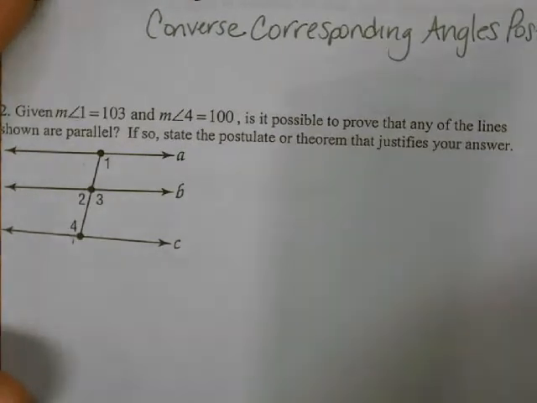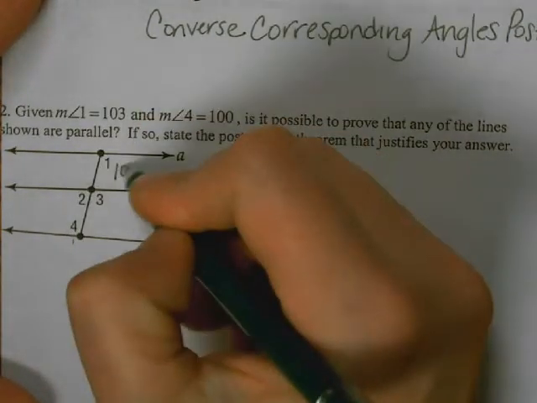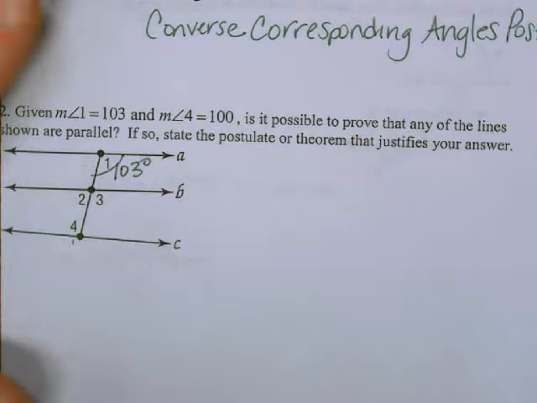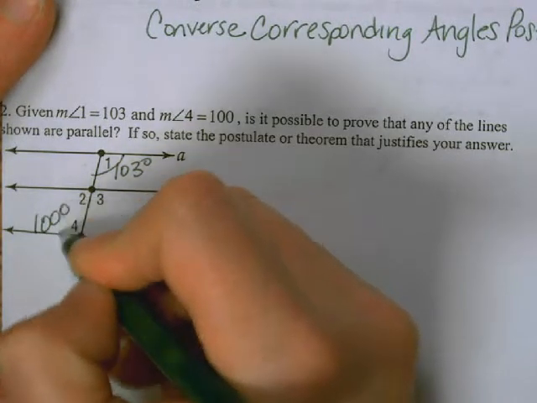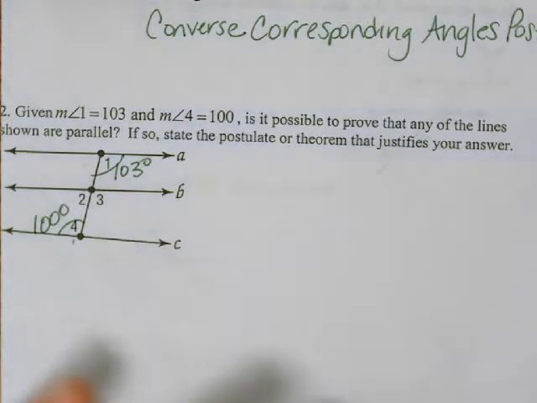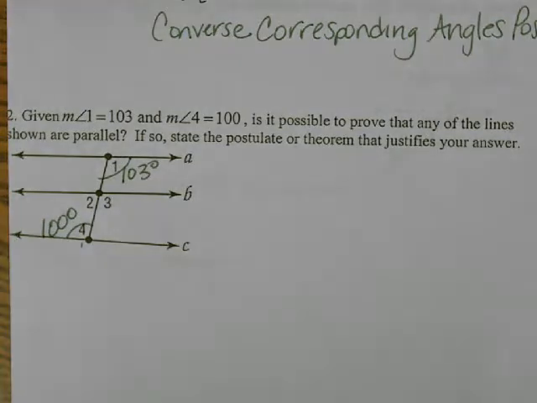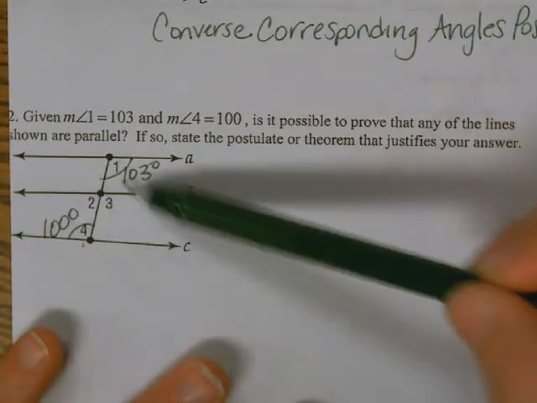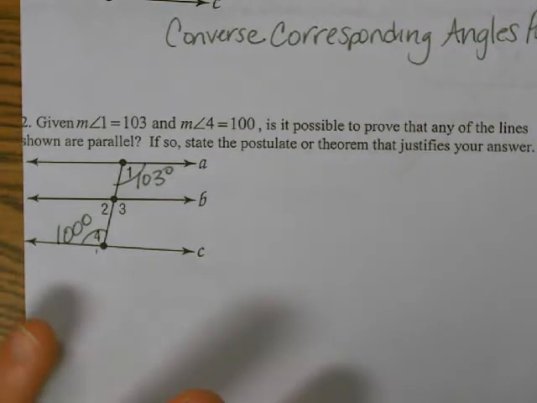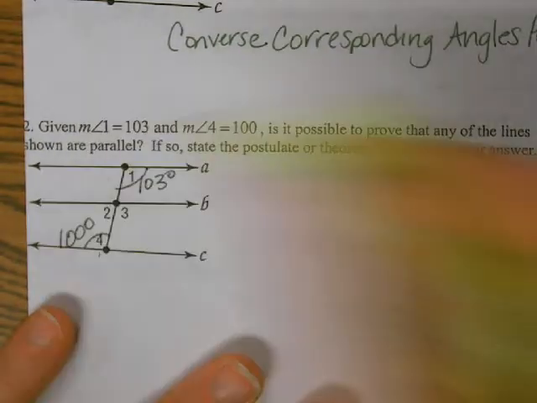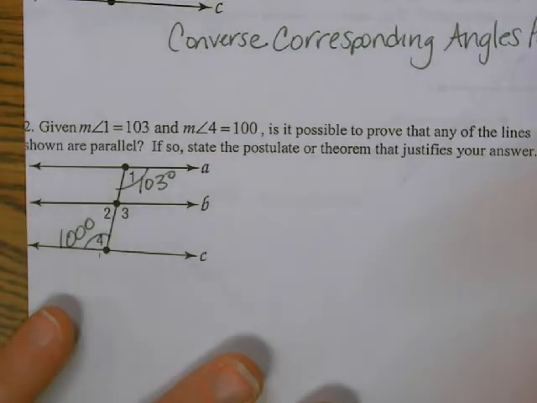Okay, so let's look at example 2. Example 2 says, if the measure of angle 1 is 103 degrees, and the measure of angle 4 is 100 degrees, is it possible to say that any two lines are parallel? So if we pretend line B is not here, and I'm even going to just go ahead and white it out to show you for video purposes.